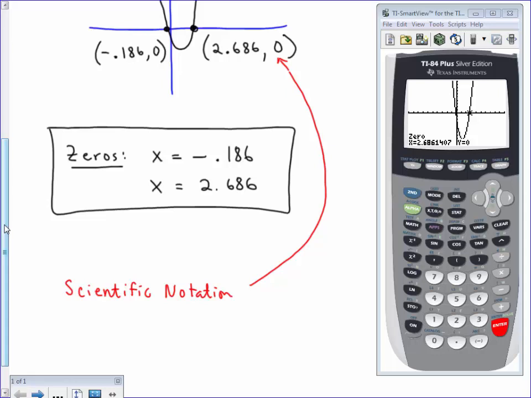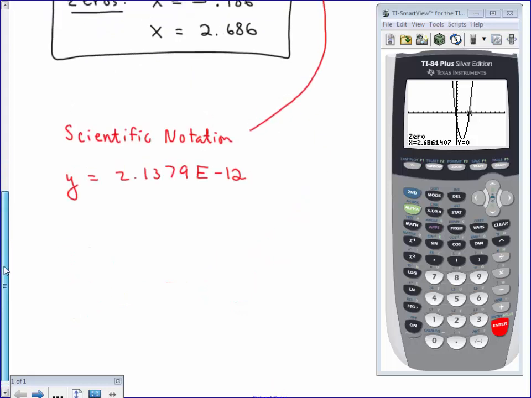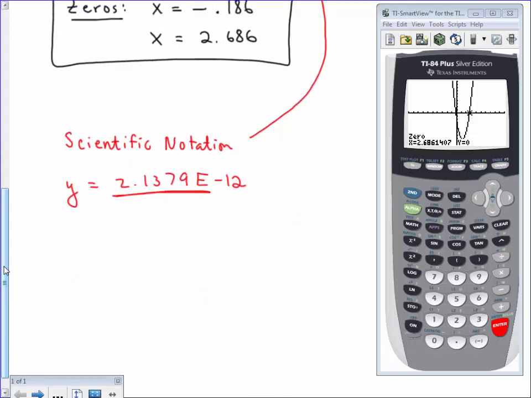And so you will sometimes see, instead of 0 as the y coordinate, something along the lines of y equals, let's say, 2.1379, and then a capital letter E with maybe a negative value behind it. What that actually means is take this number and move the decimal point to the left 12 places. So it actually means y equals 0.